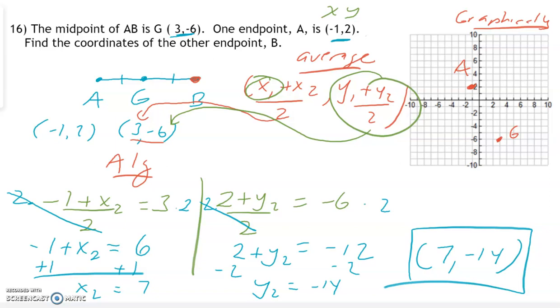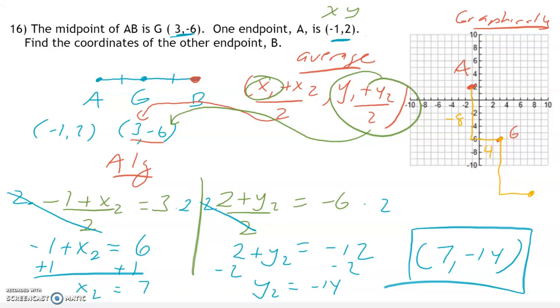My suggestion is to think about slopes. Going from A down to G, we go down 8 units and over 4. If I continue that pattern, I go down another 8 units and over 4. My point would be here.